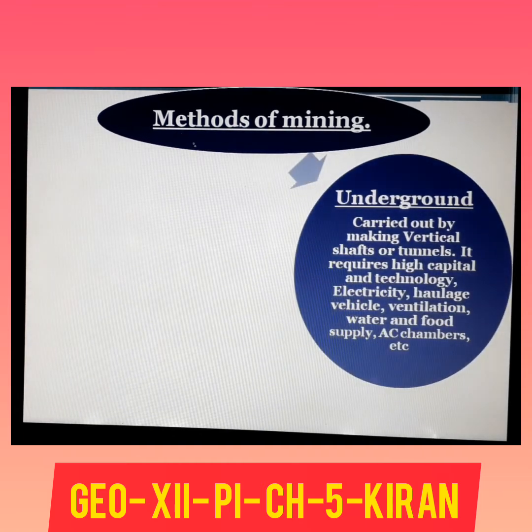We have two important methods of mining. The first one is underground mining. It is carried out by making vertical shafts or tunnels. It requires high capital and improved technology.